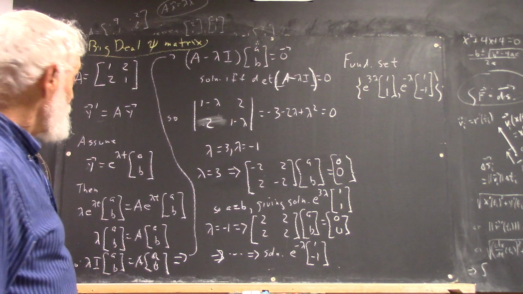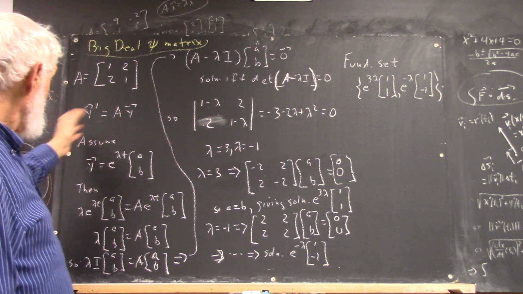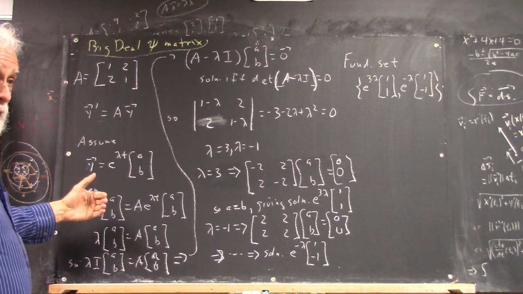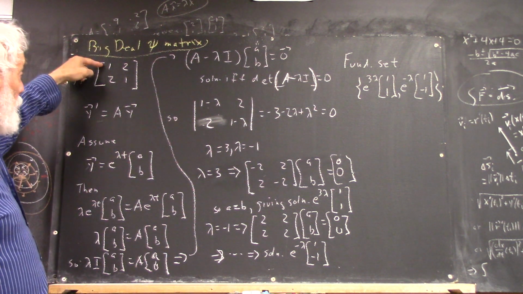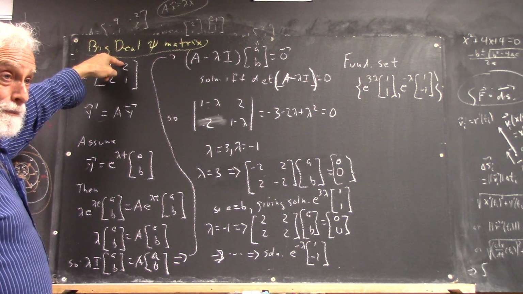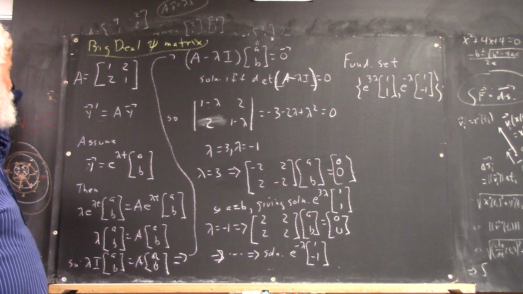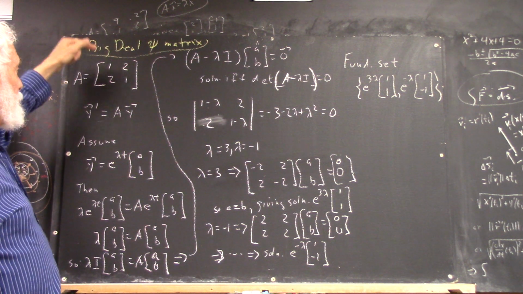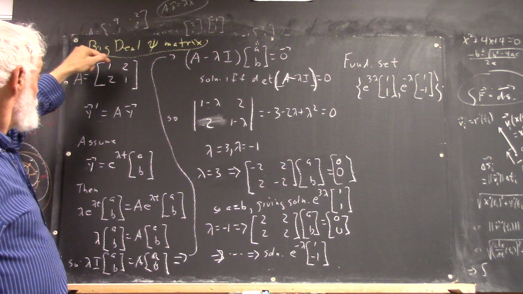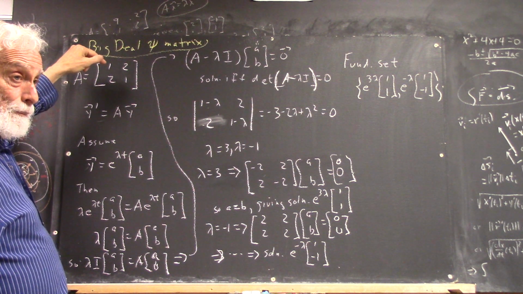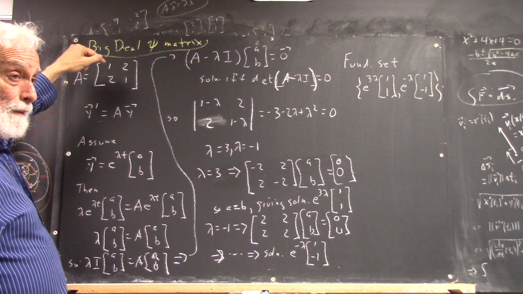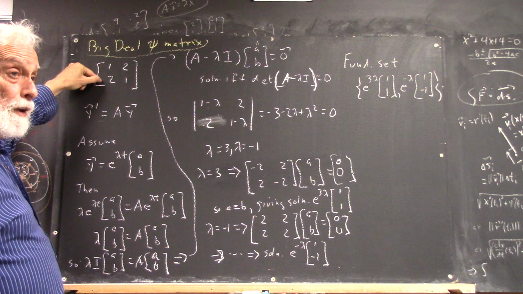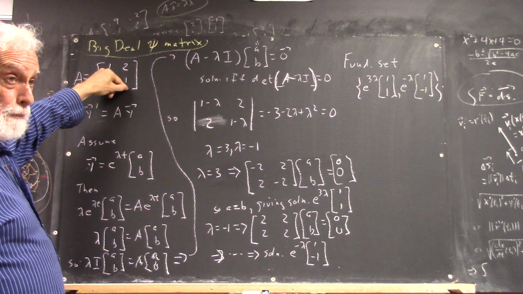We talked about that last time, so I'm not writing out the system of equations, but y1 prime equals y1 plus 2y2, and y2 prime equals 2y1 plus y2.